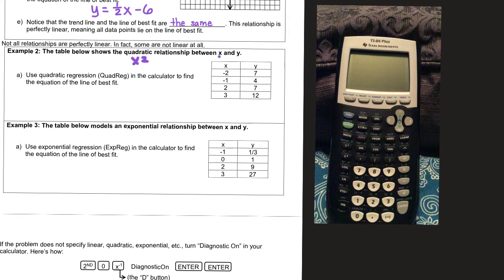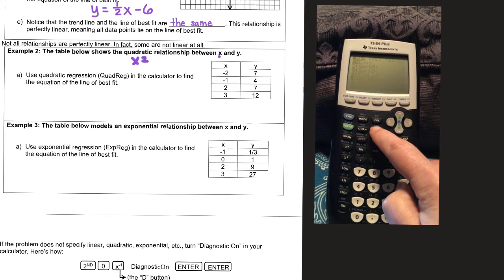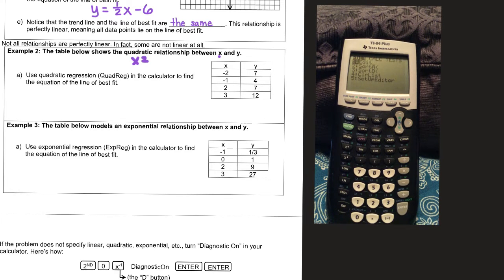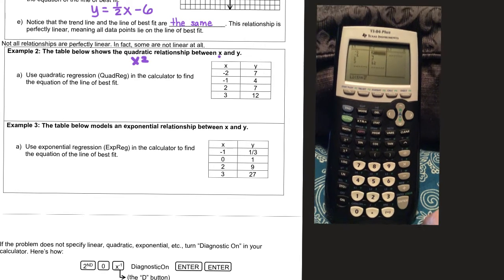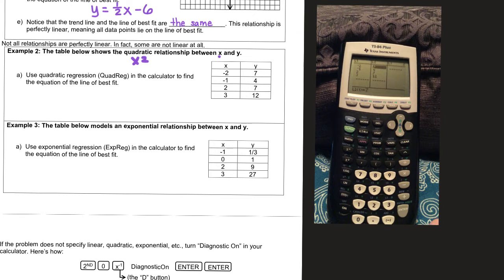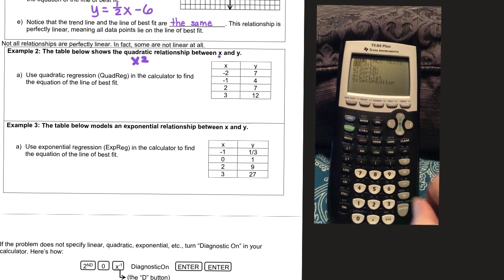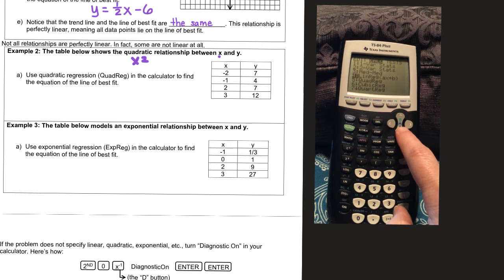Now, as a reminder for our stat function, please go to your calculator, press stat, and press 1 for edit or enter. And you'll enter the data. L1 is the x values and L2 are the y values. Go back to stat and we're going to calculate, but we're not doing number 4, linear regression.